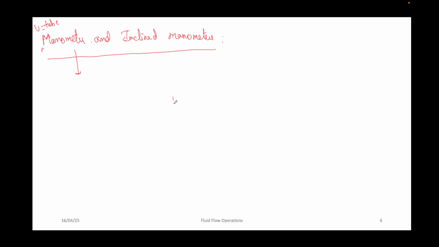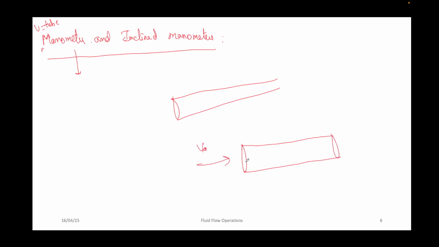So let's say we have a flow, and let's say this is flowing at v velocity, and this is having density rho and viscosity mu, and the area of this pipeline is A, cross-section area, and you want to measure a pressure, let's say at this particular location, at location 1. So how do you measure pressure at this location?